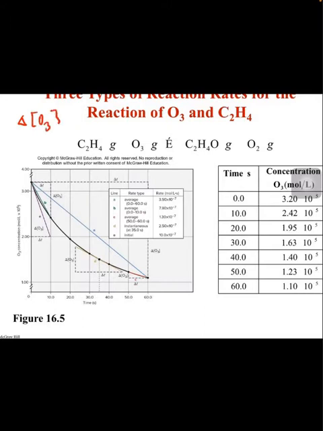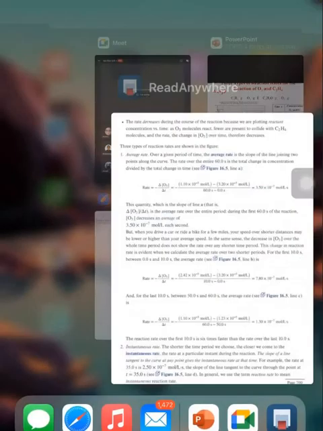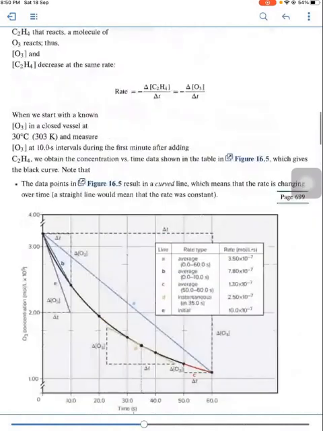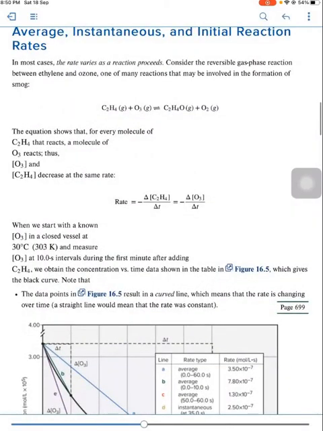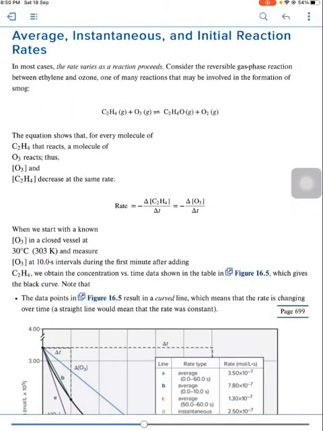Yang mana yang ni, this is because of my iPad is not compatible with this slide, but I really hope that if you download my lecture note and you open it in your laptop, semua sign keluar. Dia equation yang sama je dengan yang ni, yang mana dia punya equation adalah C2H4 plus O3 producing C2H4O plus O2. So sekarang kita nak measure concentration of O3 within 60 second, and we know that O3 is a reactant.